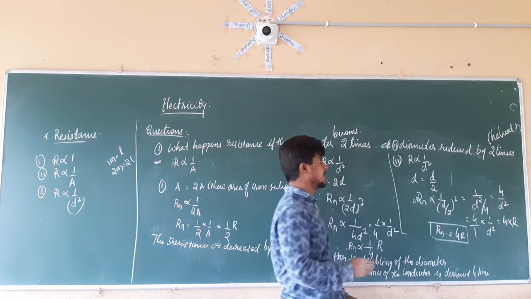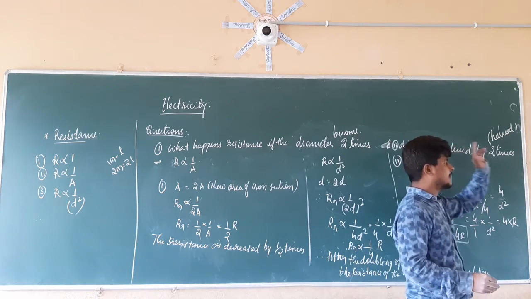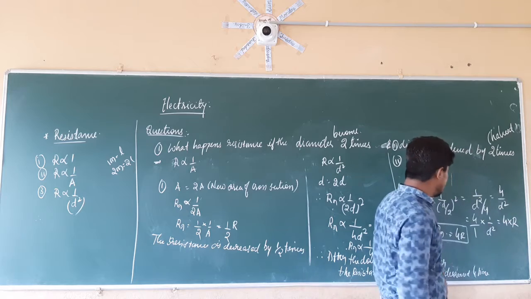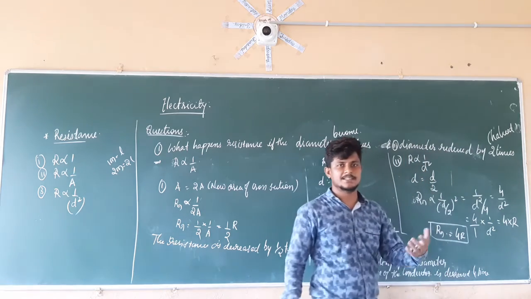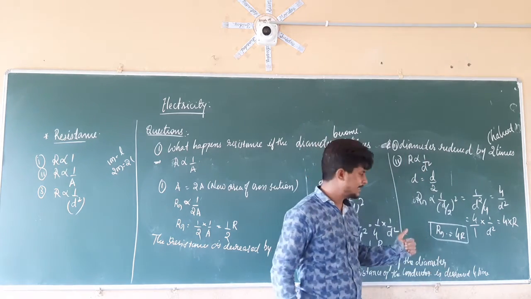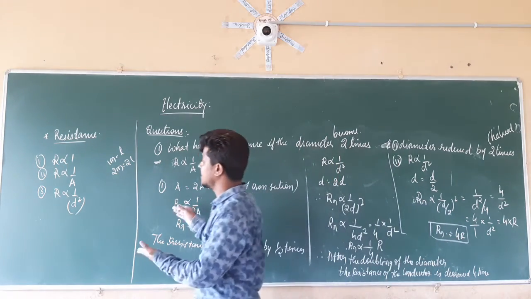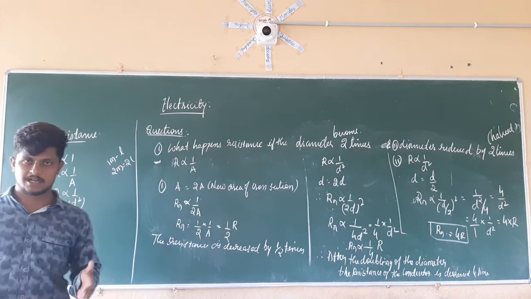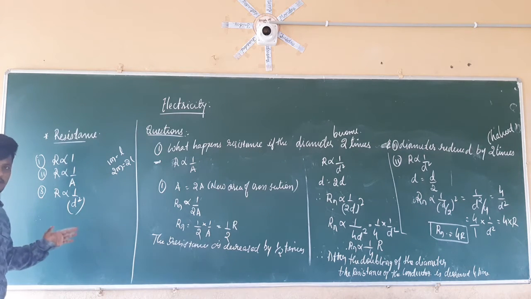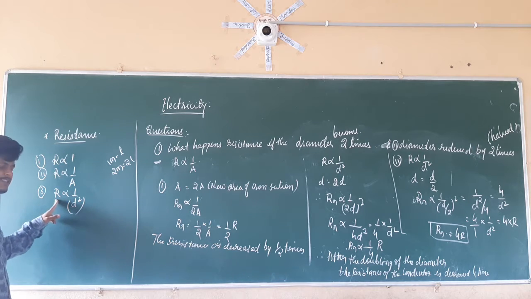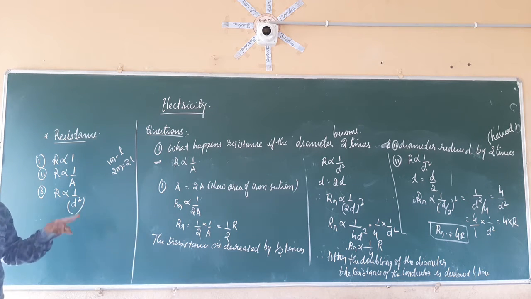So what is happening here? If the diameter of the conductor is getting halved, then the resistance of the conductor is getting increased by 4 times. Like this, the diameter of the conductor has an effect on the resistance of the conductor. If the diameter is increased by 2 times, the resistance of the conductor is going to get reduced by 4 times.